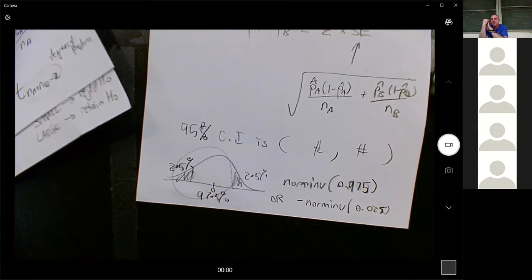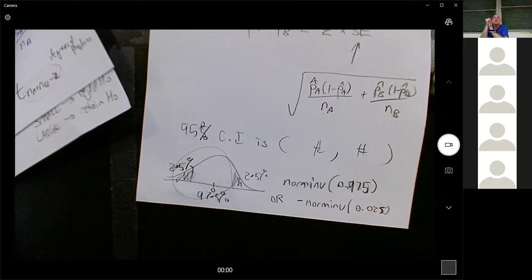So norm inv is the thing that does the opposite of the CDF function. The CDF function takes a number and tells you the entire area to the left of that number. So if you get norm CDF of 1.96, it would give you 0.975.